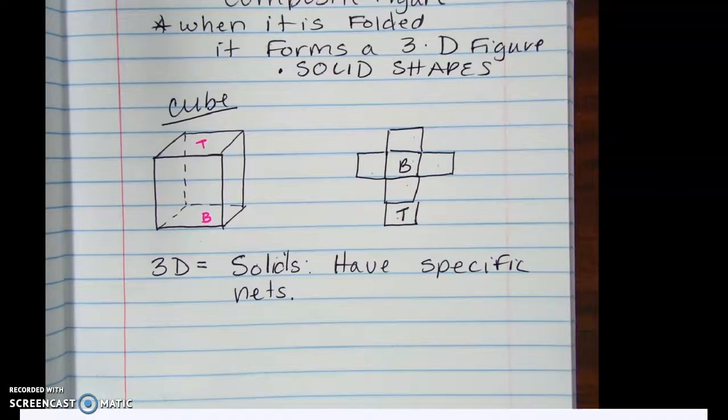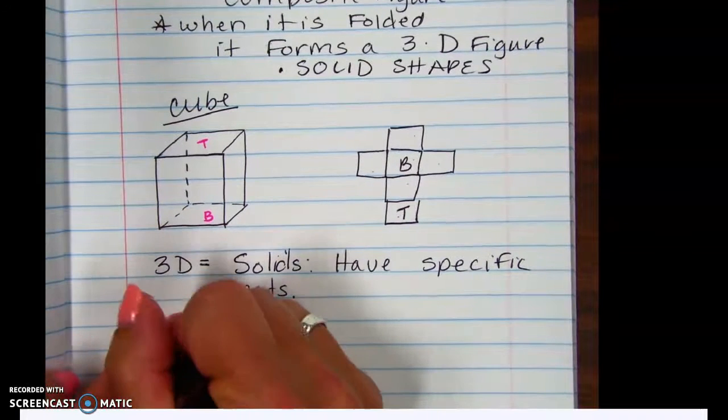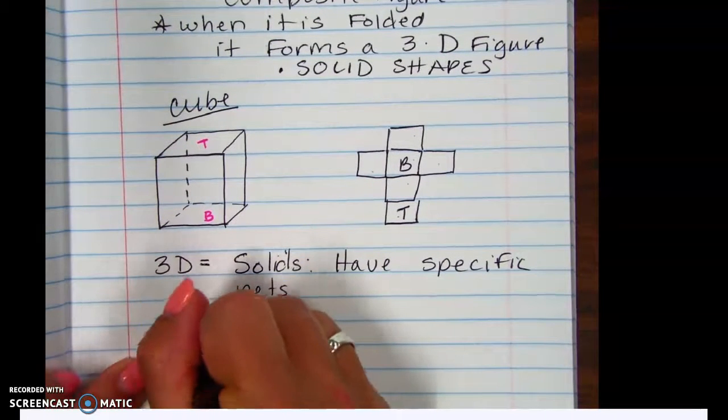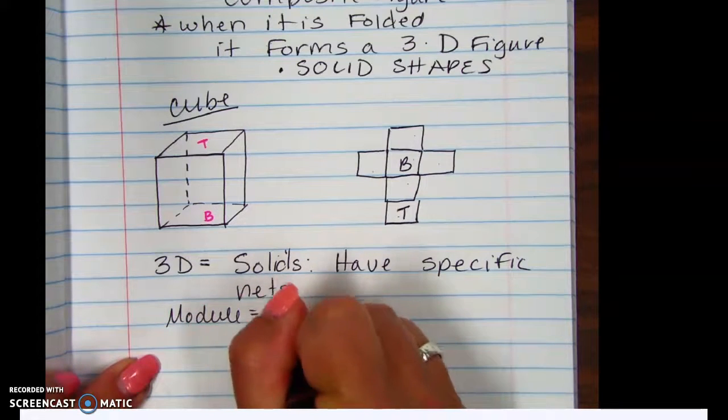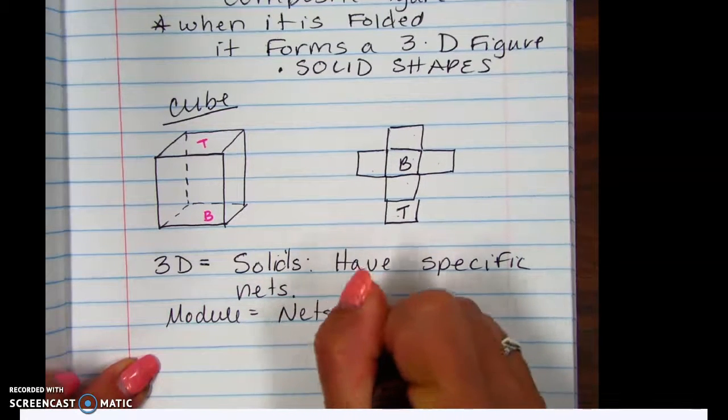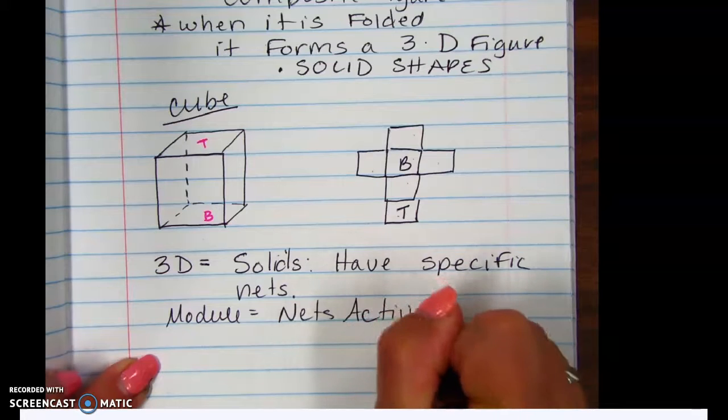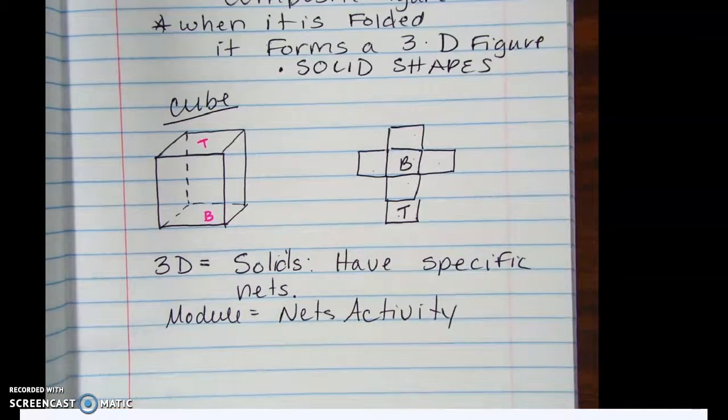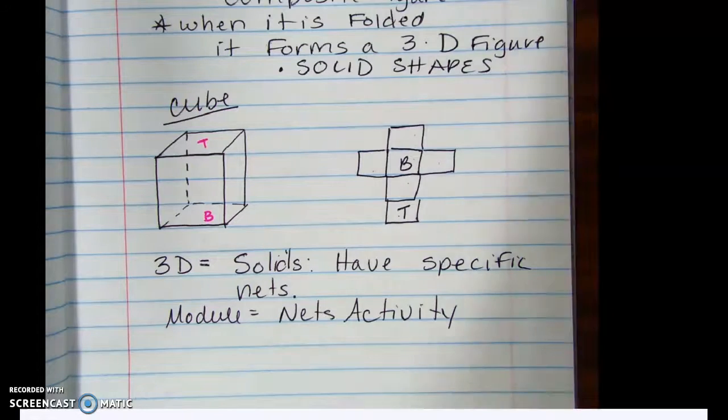Well, guess what? Go to our module for nets, and there is a nets activity, and you can practice creating and taking apart different nets. I'll give you a little example.